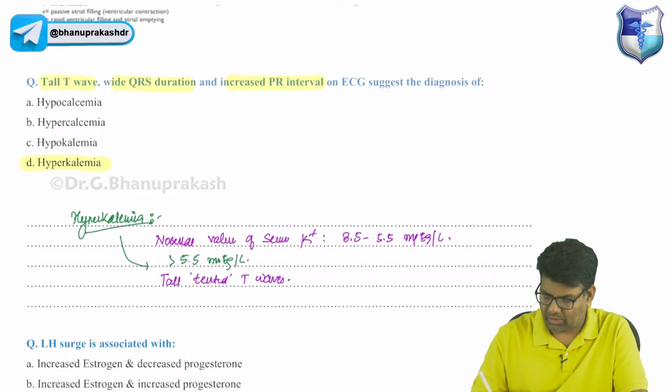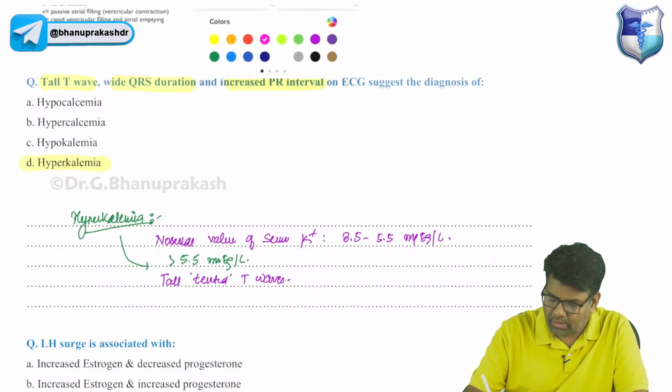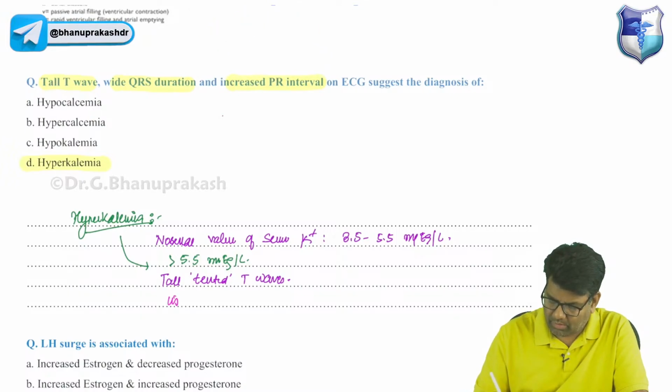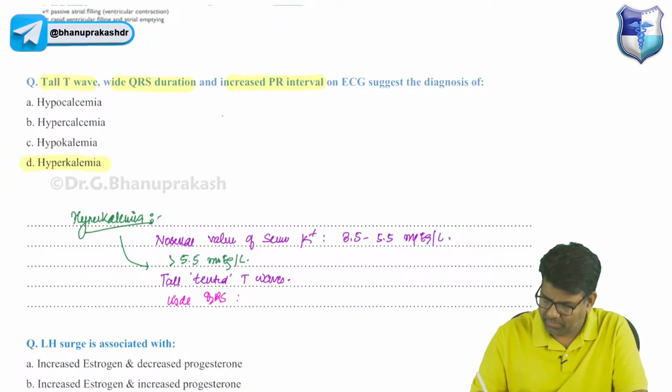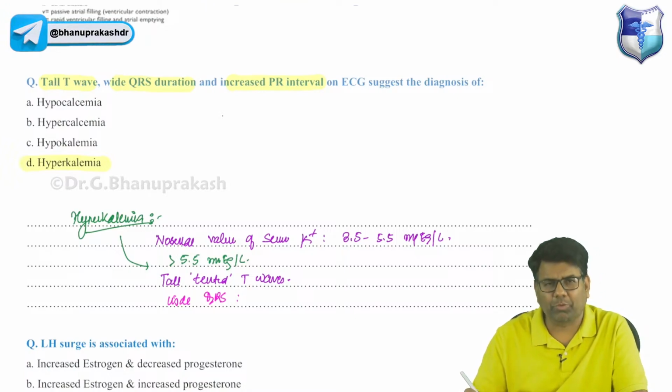Tall, peaked T waves, you can write, and then wide QRS. Wide. And if I say wide QRS, what is the normal duration for QRS? Normal is 0.08 to 0.1 seconds, so more than that.